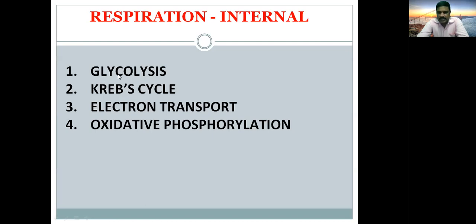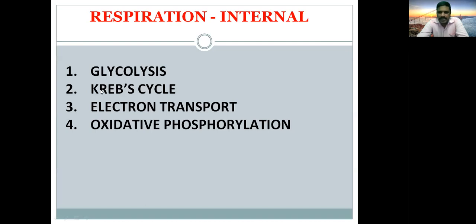The first phase in cellular respiration is glycolysis. As the name suggests, glycolysis is the lysis of glucose. In this process, a glucose molecule is broken down into two pyruvic acid molecules.